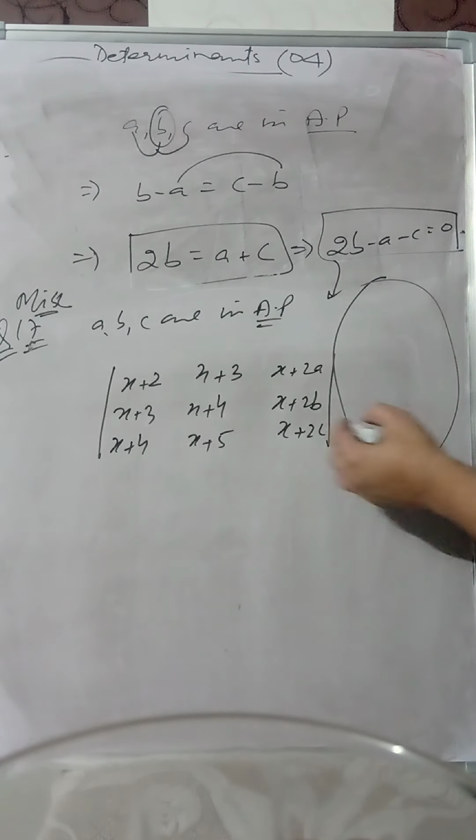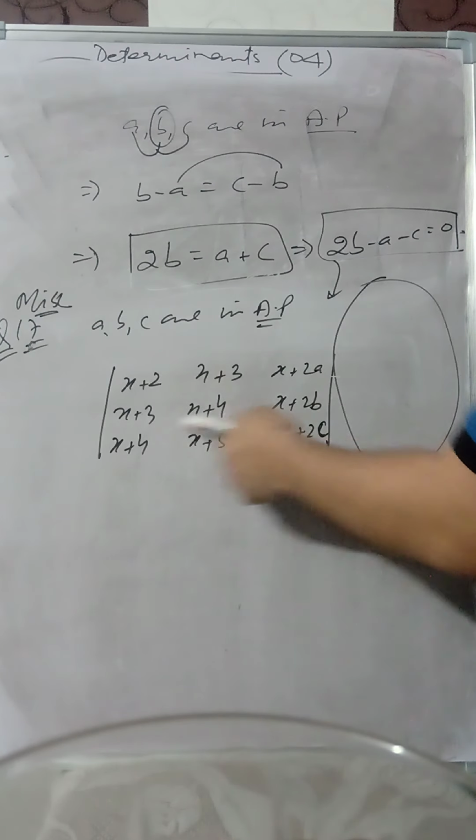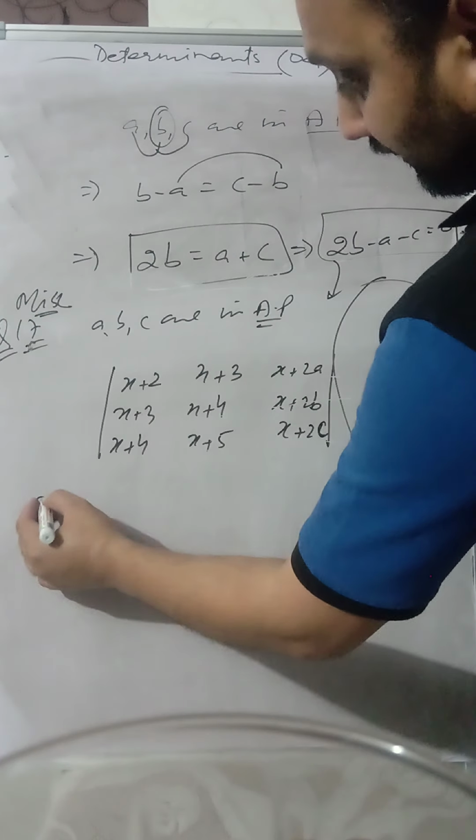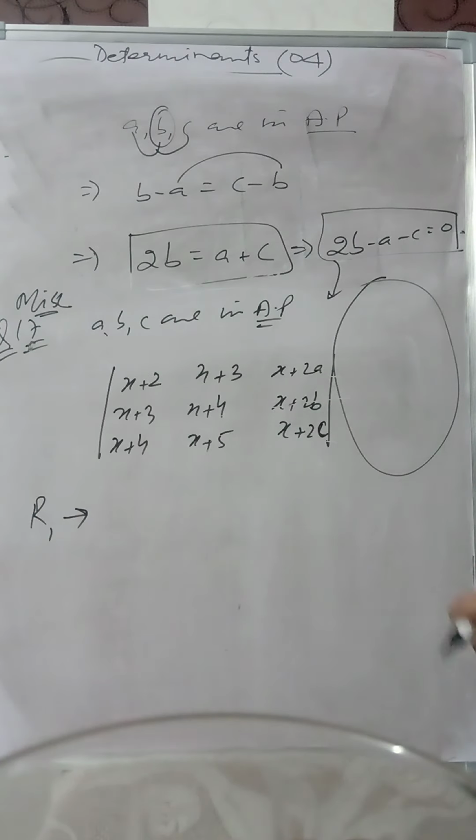Right. So what you do here is A is in first row, B is in second row, and C is in third row. You operate the operation always, रिमेंबर, अगर ये रो वाइज है तो रो वाइज लगेगा ये ऑपरेशन, कॉलम में है तो कॉलम वाइज.